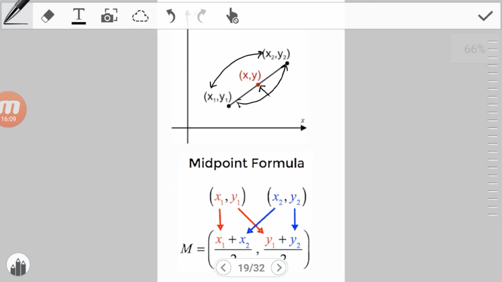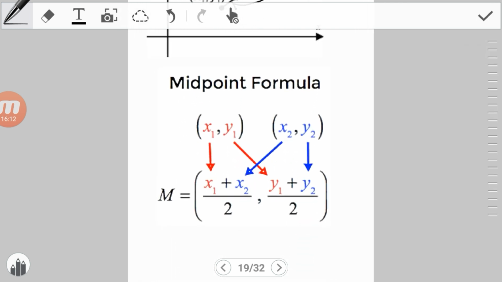All right, that is on the grid. And so the midpoint formula was derived like this. We just take the x1 value and add it to the x2 value and divide by 2, and we take the y1 value and add it to the y2 value and divide by 2. So you can follow this formation and the arrows to know what ordinate values you should add to get your formula all set up.